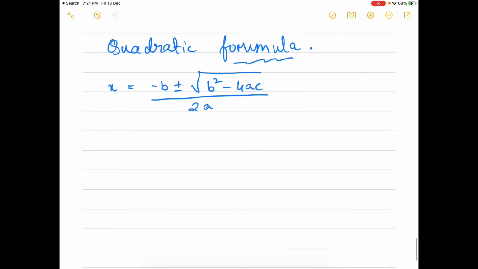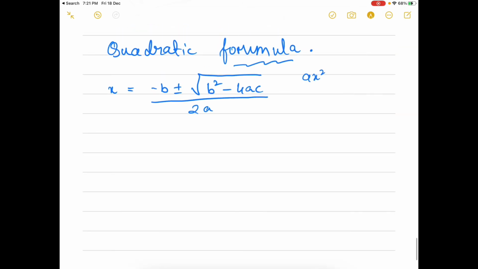So here we know that ax square plus bx plus c is equal to 0 and a is not equal to 0. Okay, so here a goes here and b goes here.